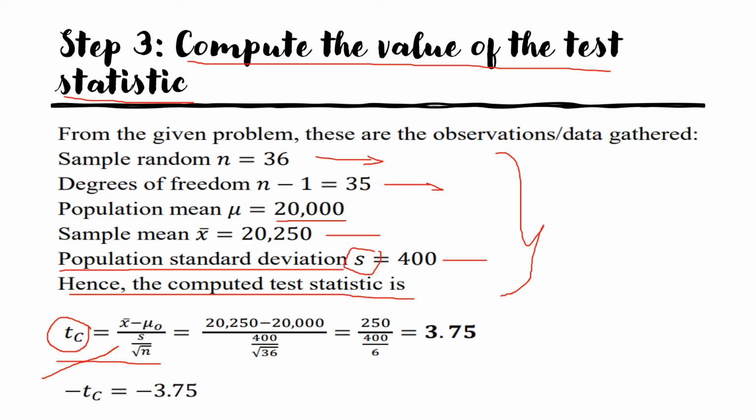To simplify more, that will be equal to 250 over 400 over 6, or that will be equal to 3.75. We need to put a negative here because we are examining the left side of your normal curve in our test statistic. This negative represents that your critical value falls on the negative part, or left side, of your normal curve.